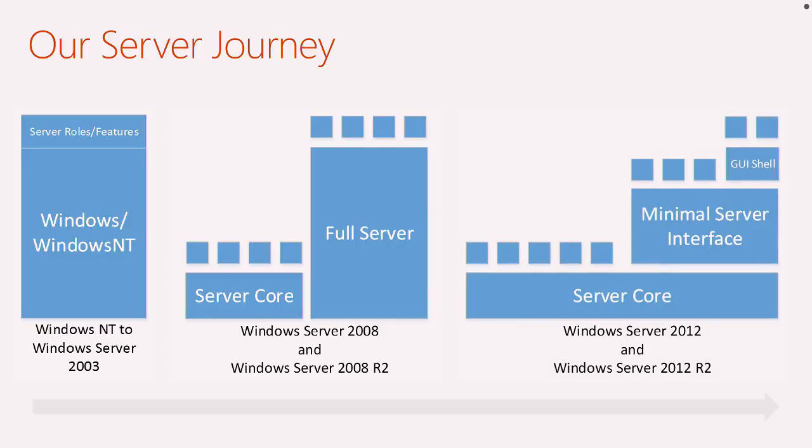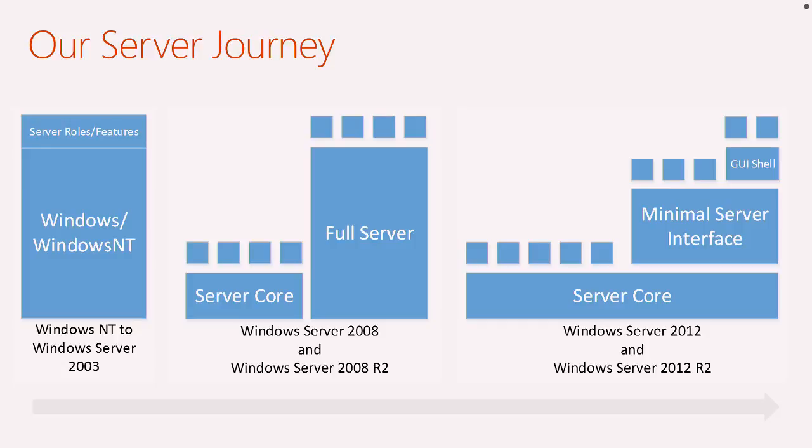In Windows Server 2012, we were able to take our next step forward, which wasn't as obvious to our end users, but it was really a big engineering achievement for the team. When you got Windows Server 2008 or 2008 R2, we used to build Windows Server Core and Windows Full as two separate build processes.